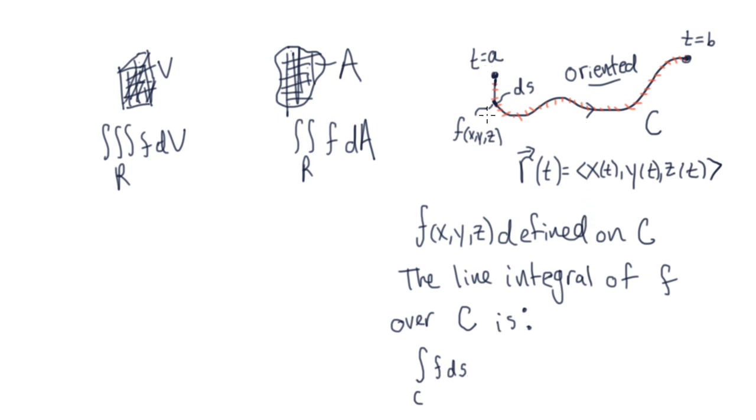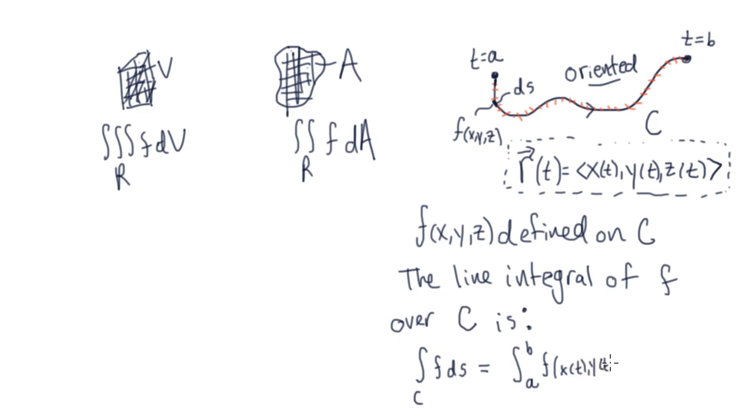Now normally when we have this oriented curve, we have a parameterization. So another way to think about this vector valued function that's giving us this curve, we've said before, is that it is a parameterization of the curve. So if we have a parameterization of the curve, then we can actually write this as the integral from t equals a to t equals b of f of, well, f is a function of x, y, and z, but I can sort of input in x of t, y of t, and z of t.